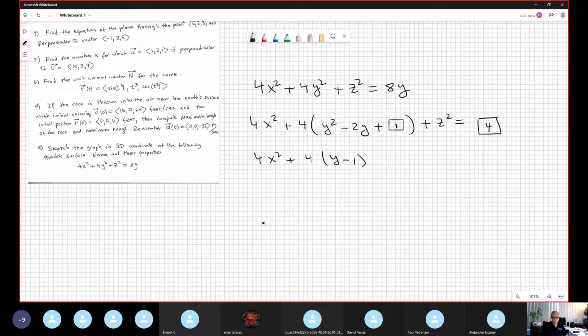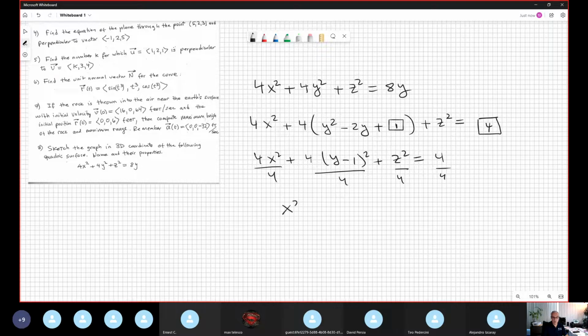Now finally, remember, in standard form the right-hand side must be 1, so we divide everything by 4: by 4, by 4, by 4, and by 4.